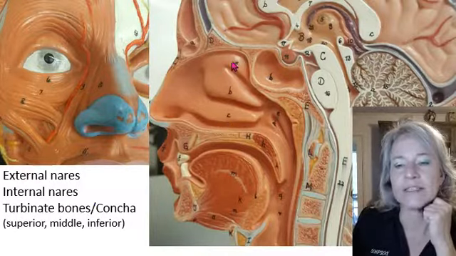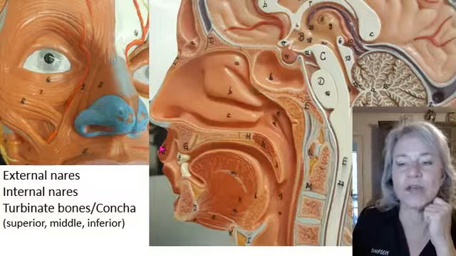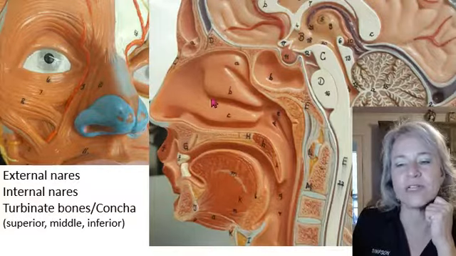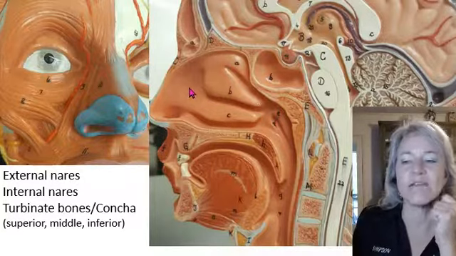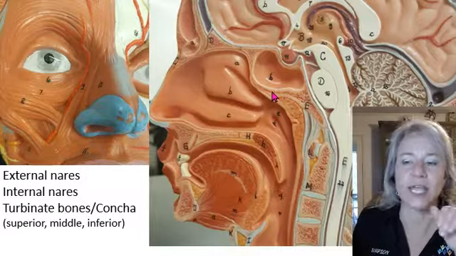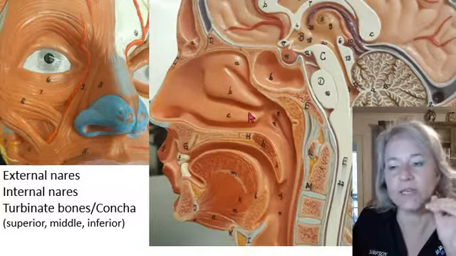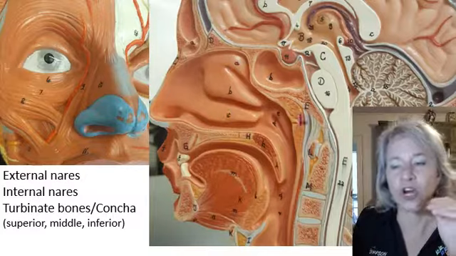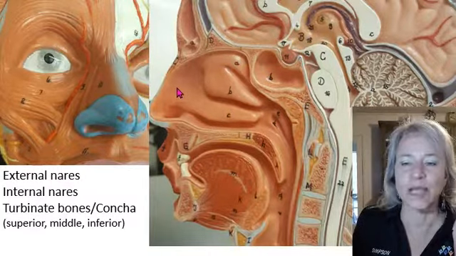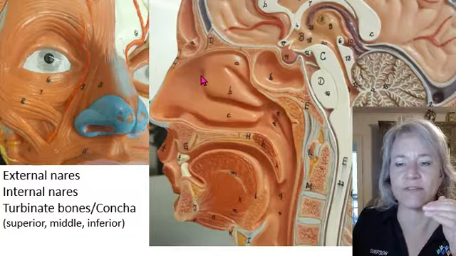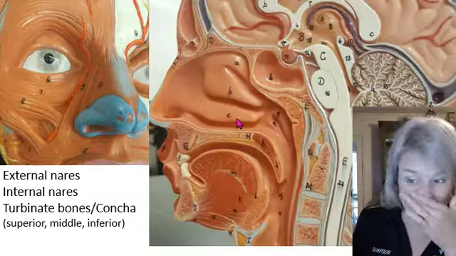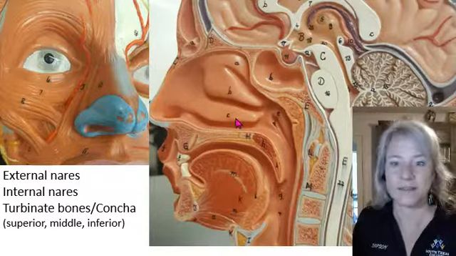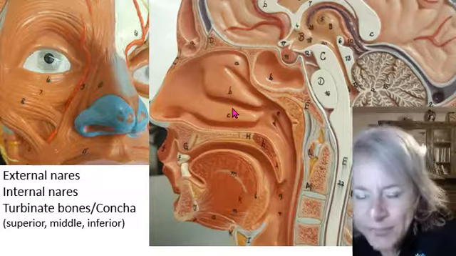They create these little channels, so that when you breathe through your nose, the air has to flow through these little tunnels, flow over a mucous membrane, get cleaned, humidified, and warmed. This is why it's so much better to breathe through your nose, because air has to travel through these little air channels, and it's going to clean, humidify, and warm the air.